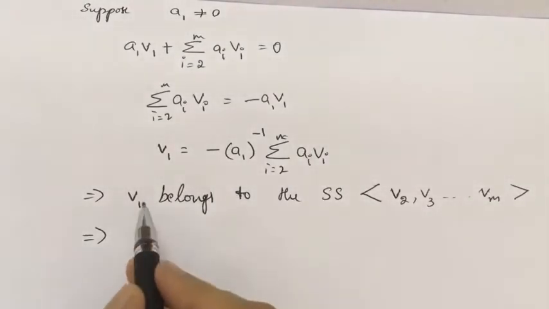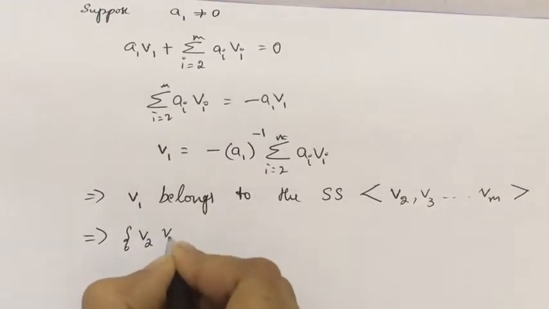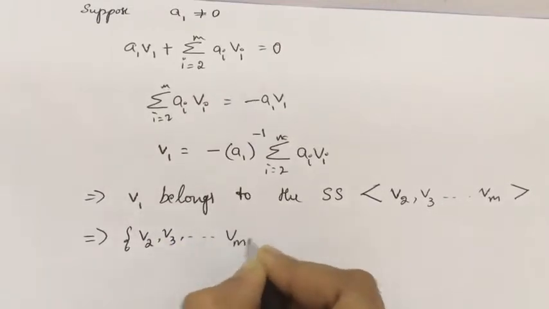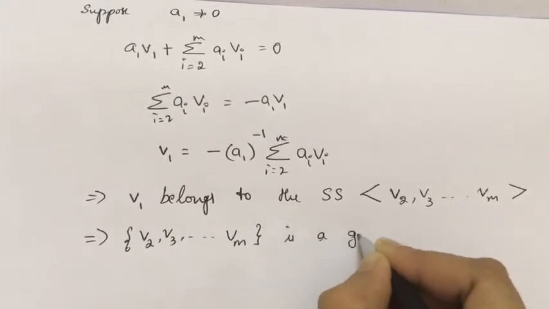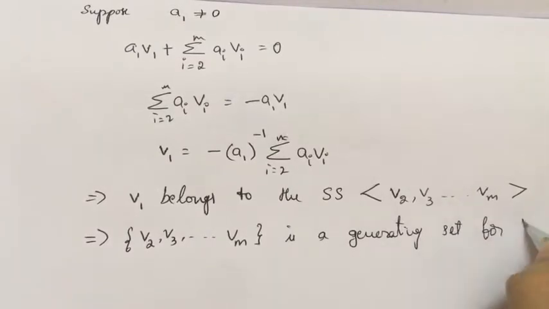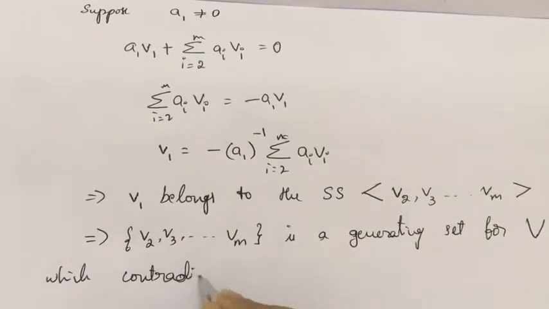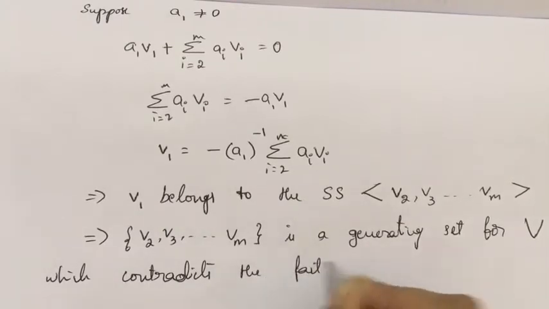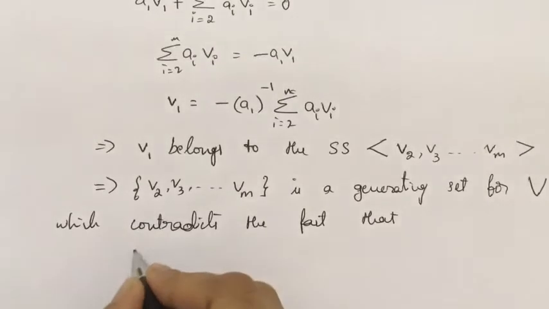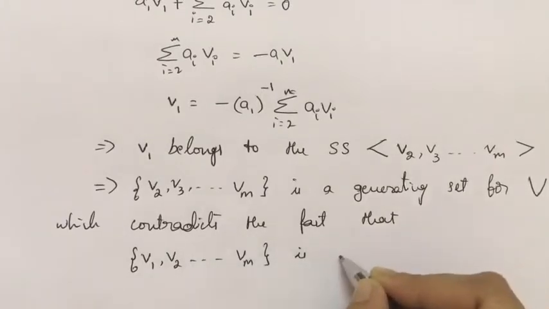I'll just write it down. If v1 belongs to the subspace generated by this, then this set of vectors v2, v3, up to vm is a generating set for V, which is a contradiction to the fact that we have taken the vectors v1, v2, vm as a minimal generating set.